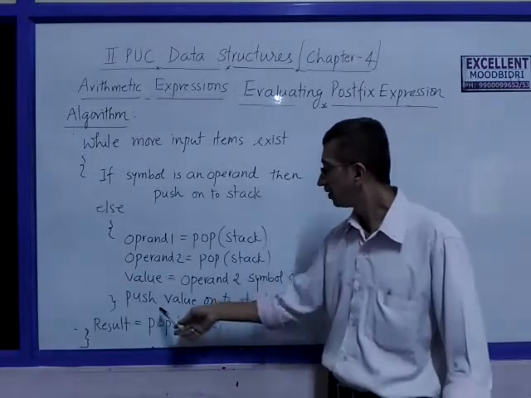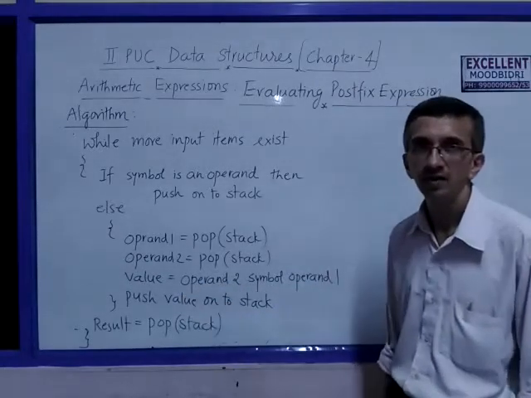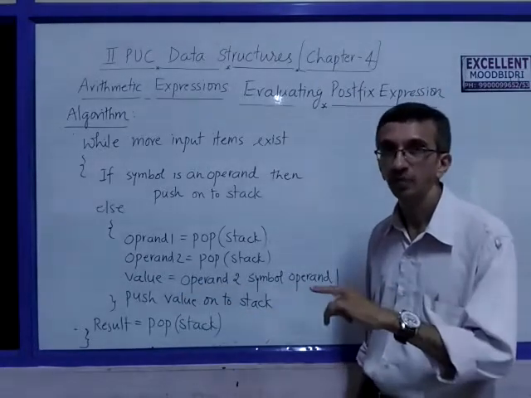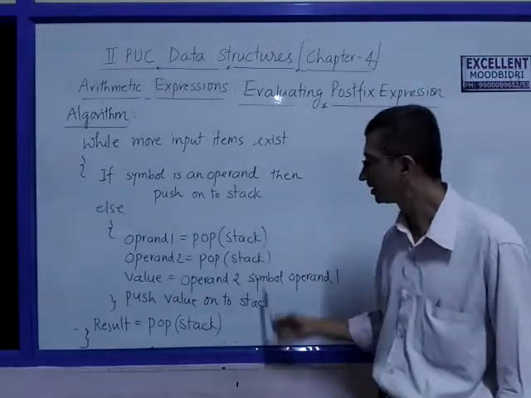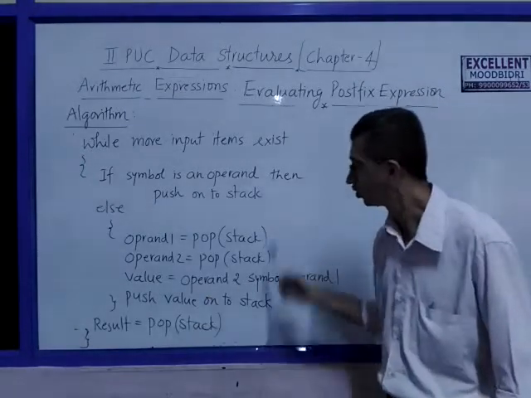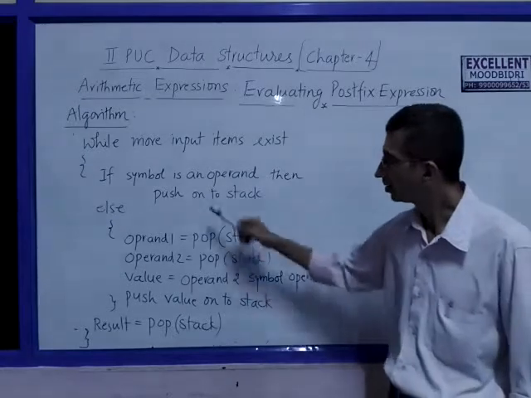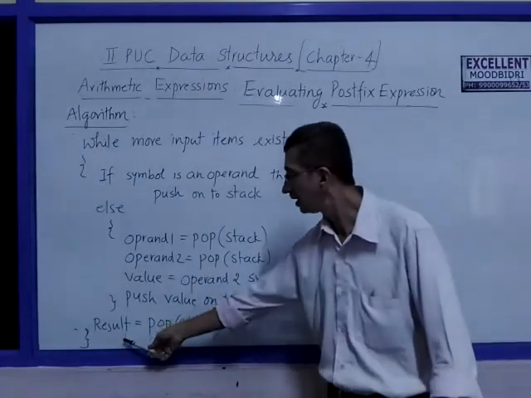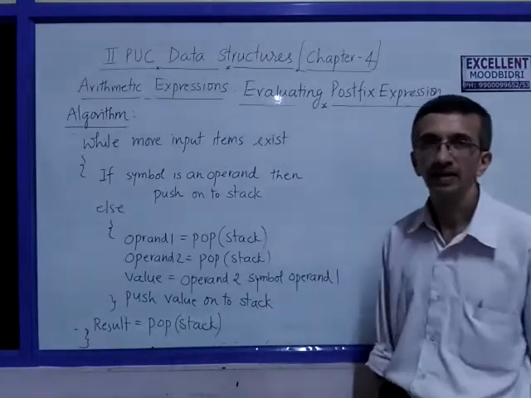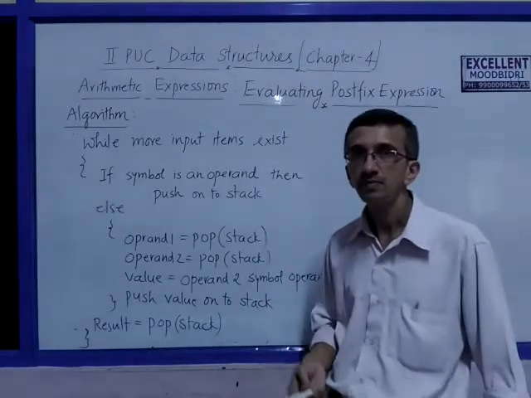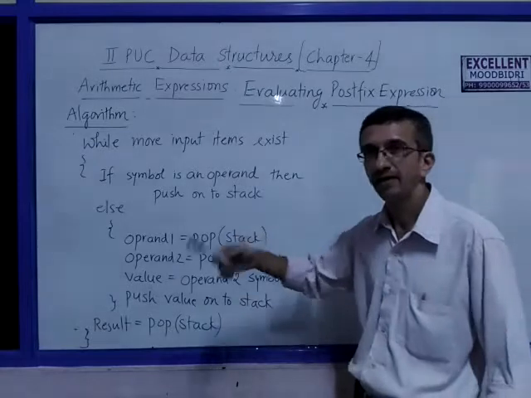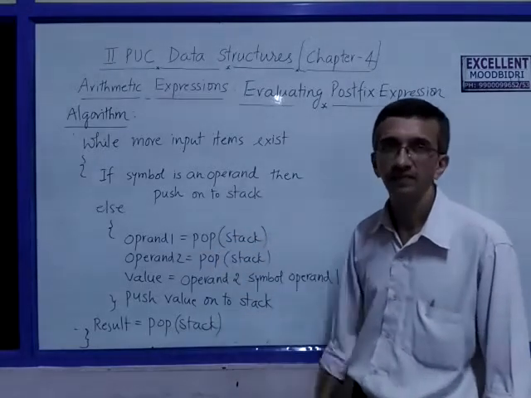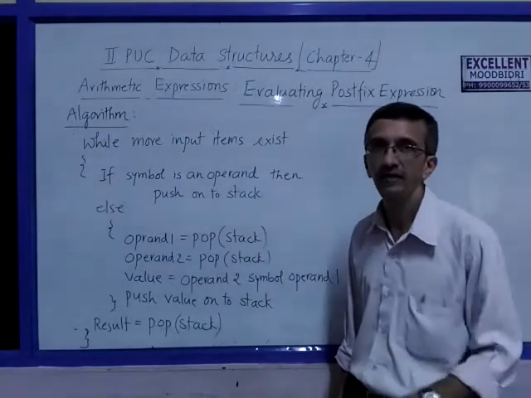Next, whatever value we are getting using this operator, it has to be pushed onto the stack again. Push the value onto the stack. So this is if it is an operator. What happens is, the value is again available for the next operation, for the next operator symbol available.